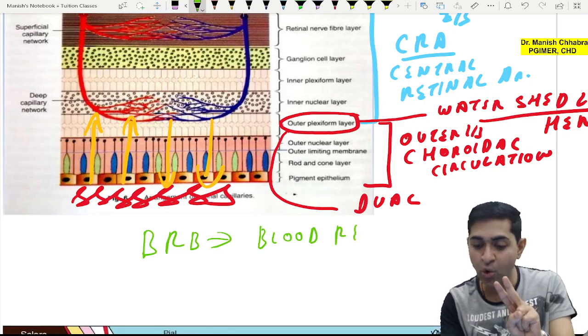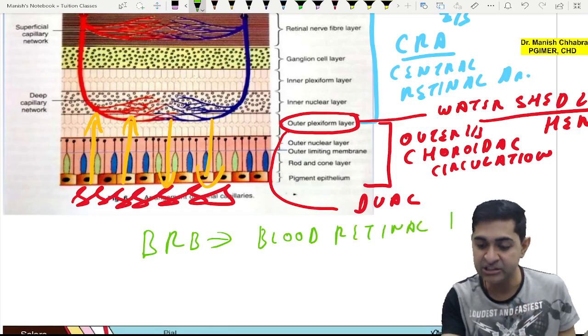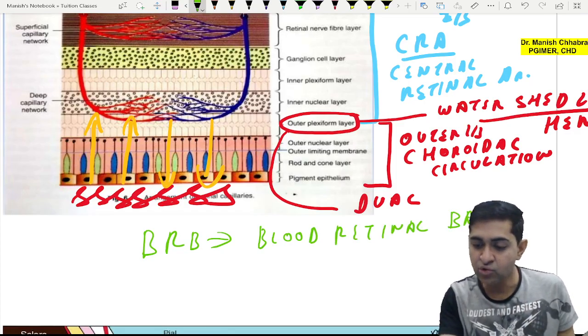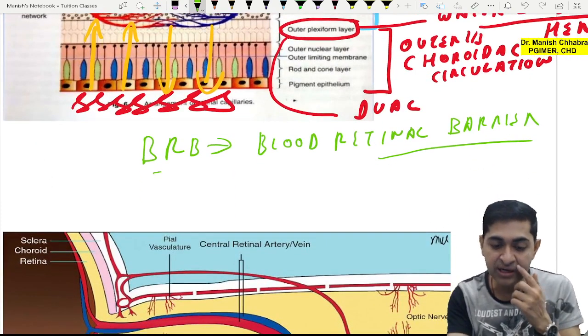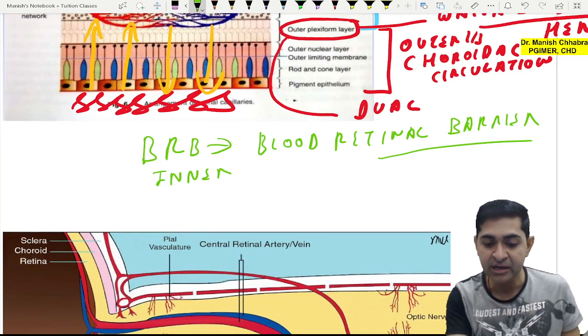So there are two blood retinal barriers. One is your inner blood retinal barrier, another is your outer blood retinal barrier.